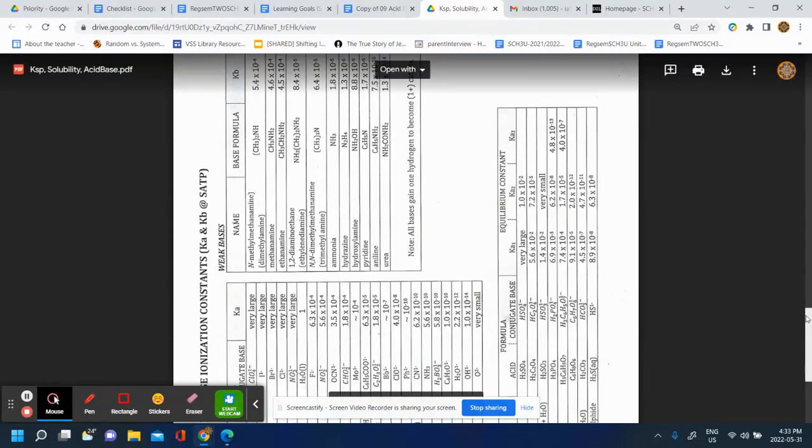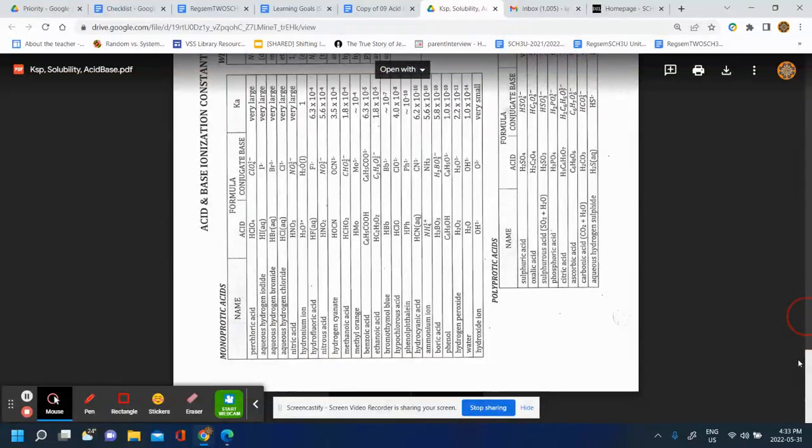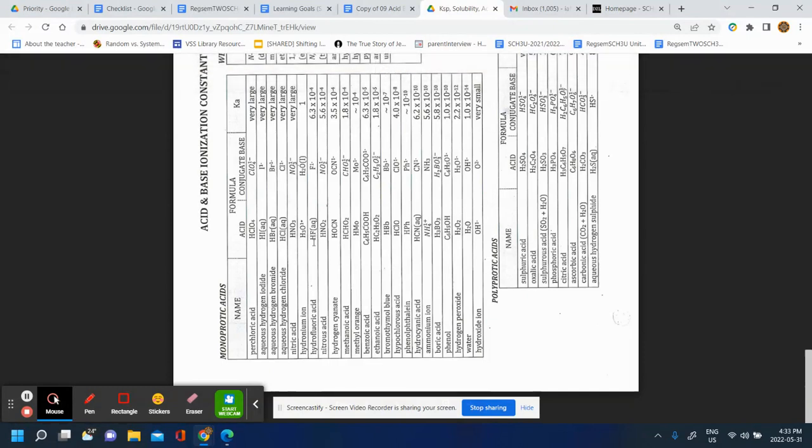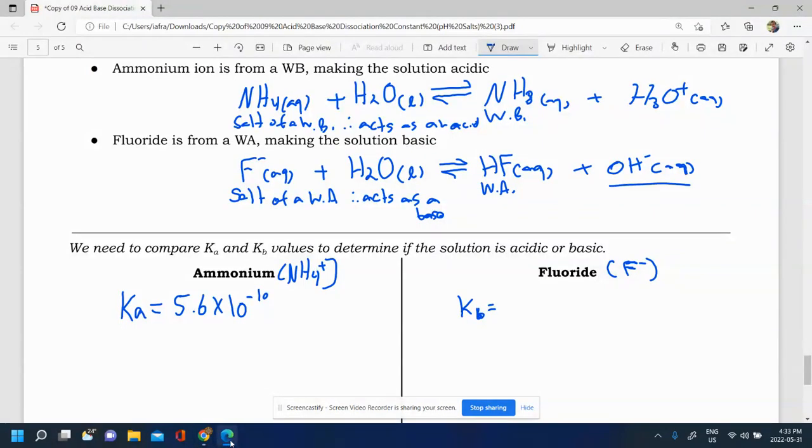That's okay. We have a relationship. Kw is equal to Ka times Kb. So as long as we know the Ka for the conjugate acid, we can find the Kb for the conjugate base. So 6.3 times 10 to the negative 4. We know that Ka times Kb is equal to Kw.